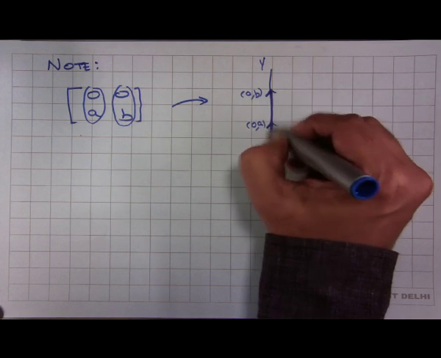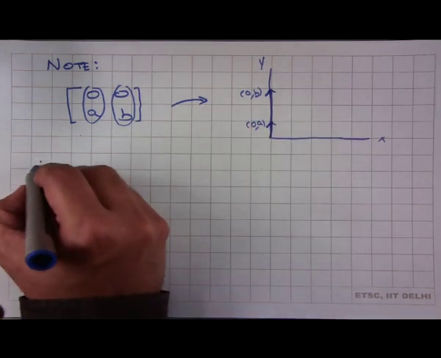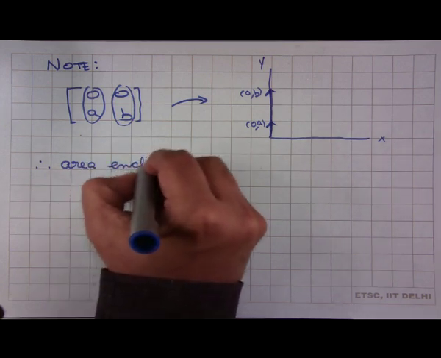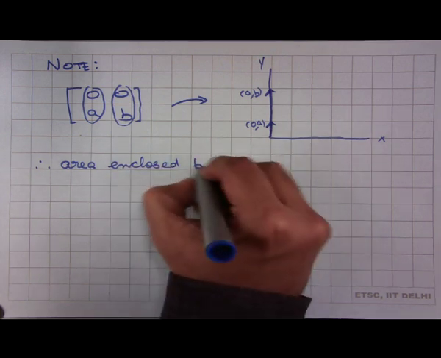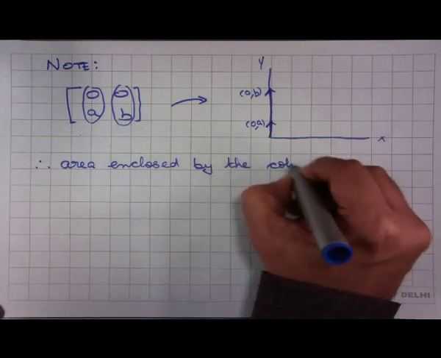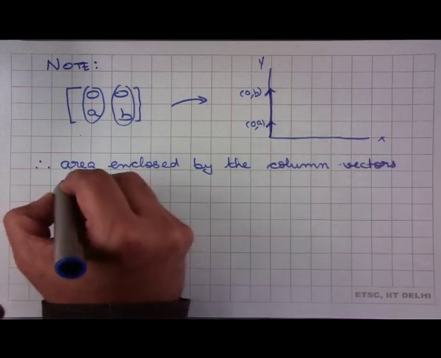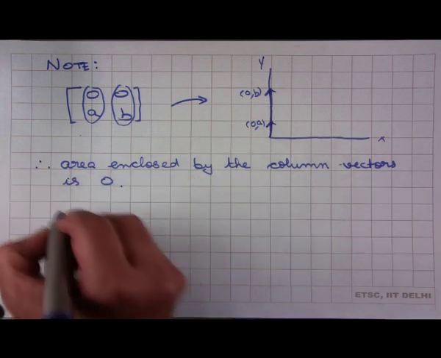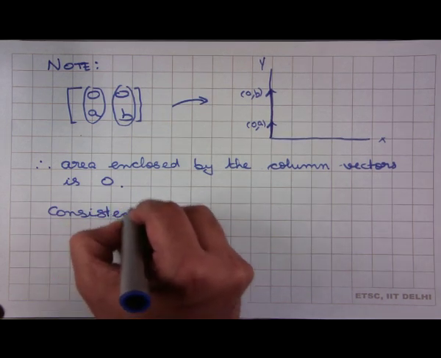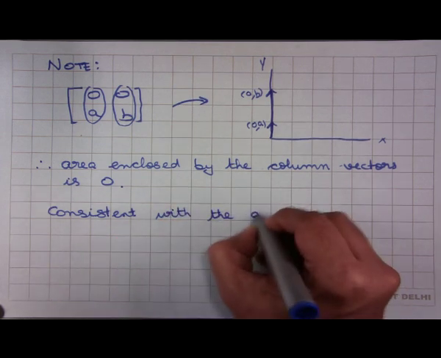There is no parallelogram because these two vectors are parallel, in fact they are collinear. Therefore, the area enclosed by the column vectors is 0, and this is consistent with the determinant itself being a 0.